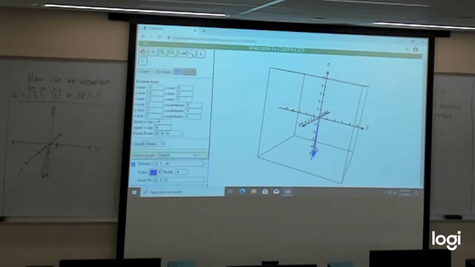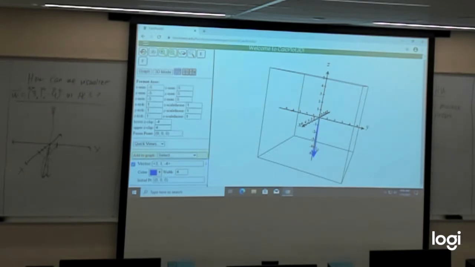But if I were to tell you, Jared, give me a numerical representation of that vector, in other words, fill in the blanks, that's a much harder question than if I were to do the same thing in 2 dimensions.